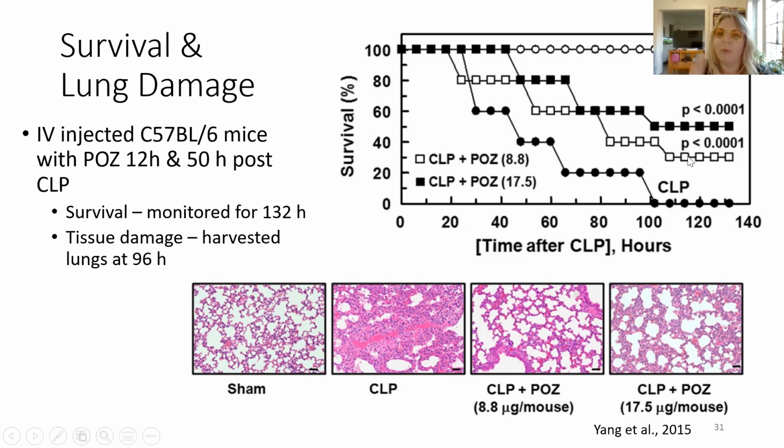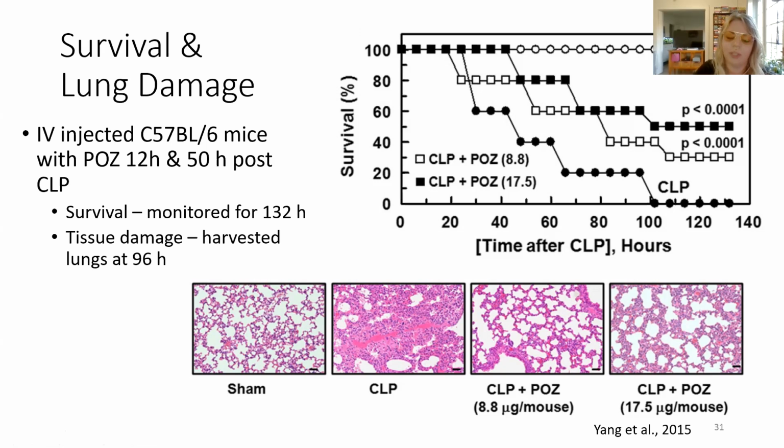Only around 35–40% of the mice survived with the lower dose, but all of the control mice died. So there was some protective effect. And finally, they wanted to look at the lungs of the mice that underwent the treatment 4 days post-surgery.